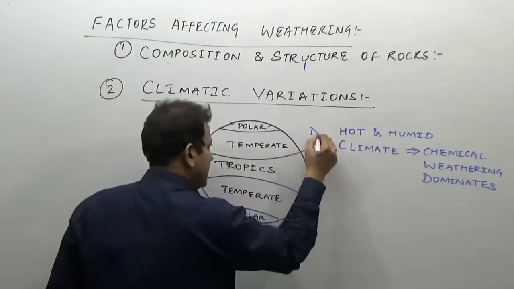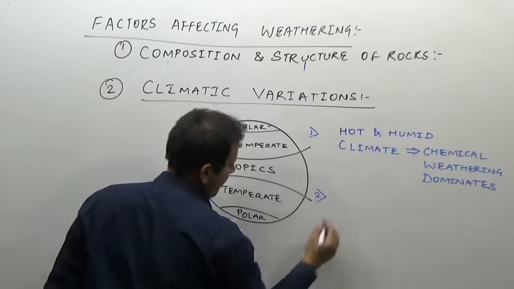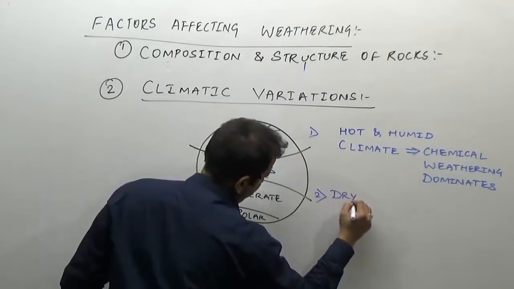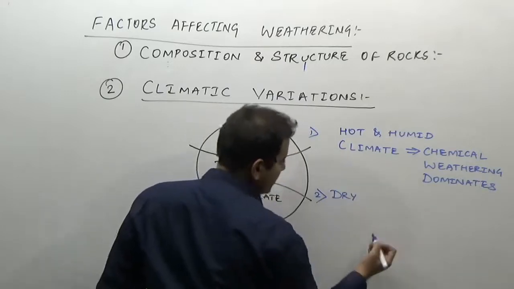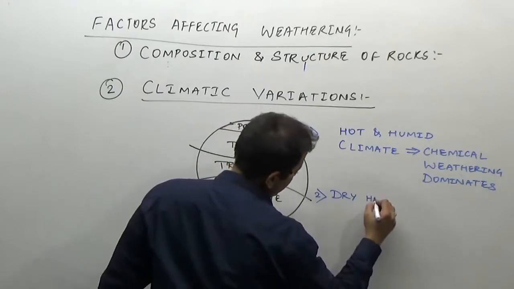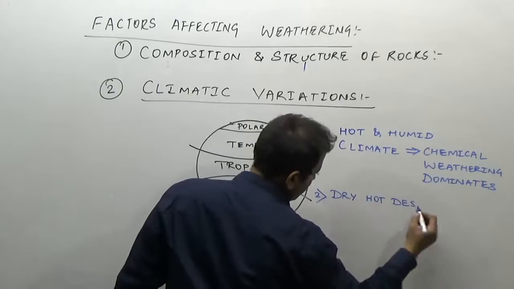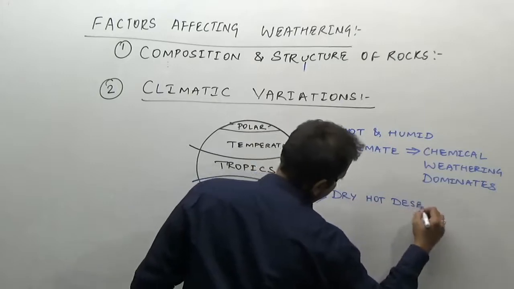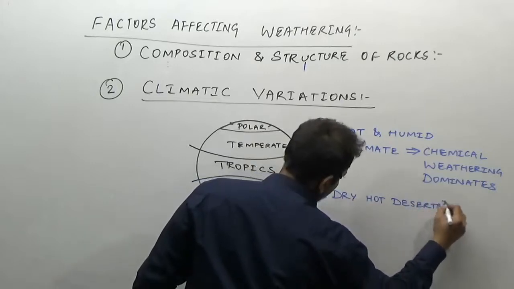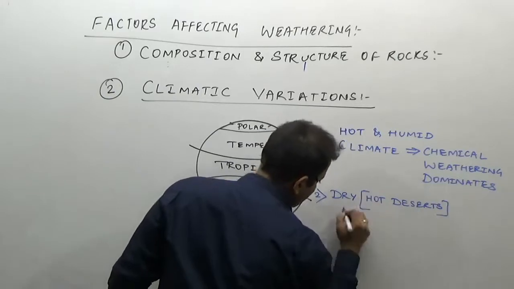If the climate is dry, hot desert regions, obviously deserts are dry only, then which will be the weathering dominating?